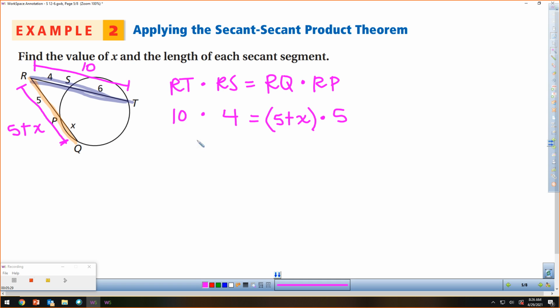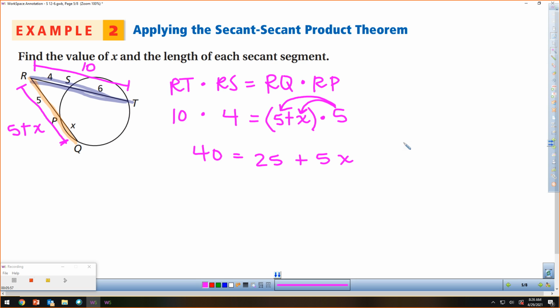So we multiply this together. 10 times 4 is 40. And that's equal to, now remember, with this expression, you have to distribute the 5 into the parentheses. Okay, don't forget about that. That's why I had you put it in the parentheses. So when you distribute, you do 5 times 5, which is 25, plus 5 times x, which is 5x.